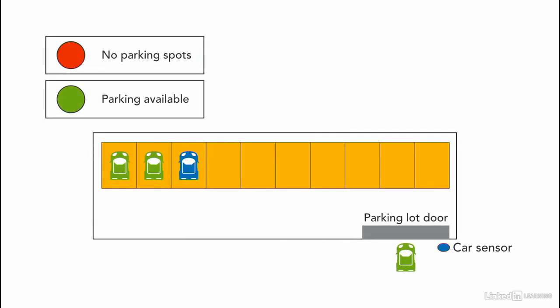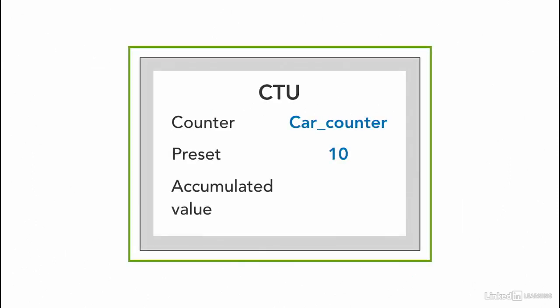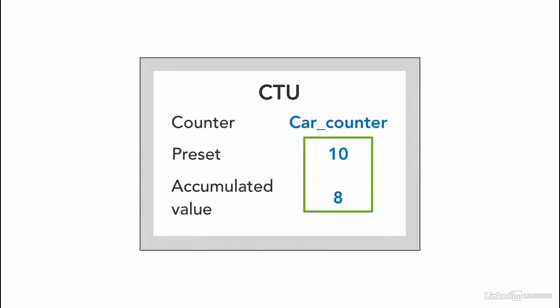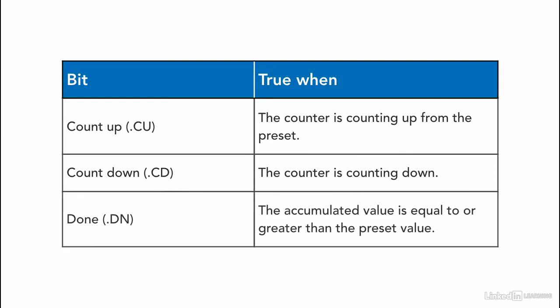Let's continue programming. Once there are available parking spots, a green light needs to be turned on. So we are going to use the counter to achieve that task. As long as the counter is not yet done counting, in other words, as long as the accumulated value is less than the preset, a green light is on. As you learned before, counters in a PLC come with bits that are associated with them: count up, count down, and done bits.